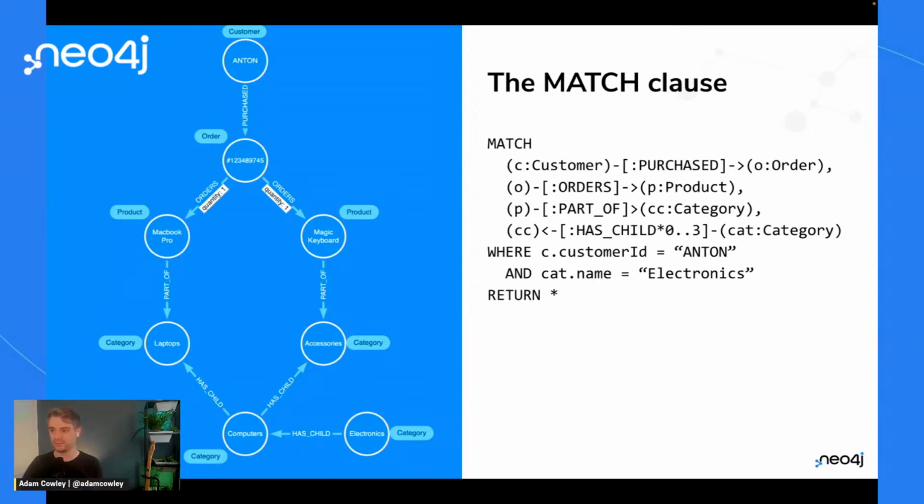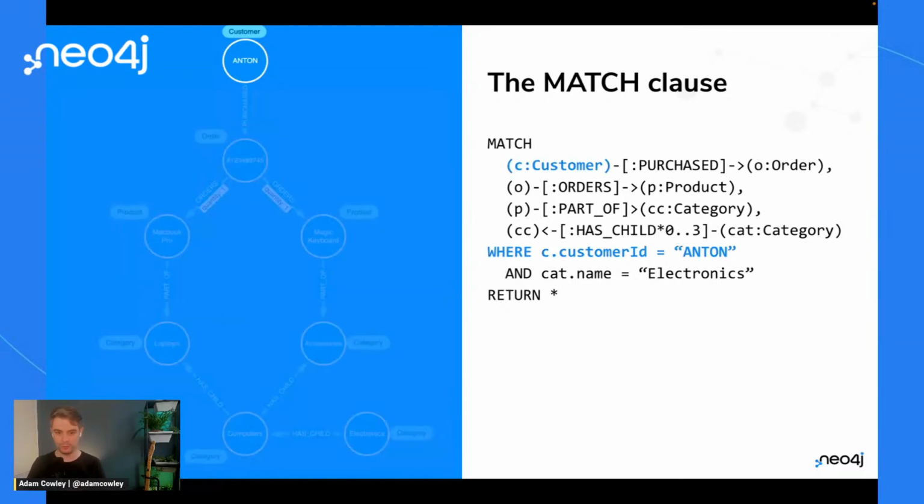So in this case, depending on the shape of the graph and the database statistics, it will determine that the query will start at this customer node. And in this case, we've got a constraint on the customer ID property. So we go away, check an index to find the node which has a customer ID of Anton.